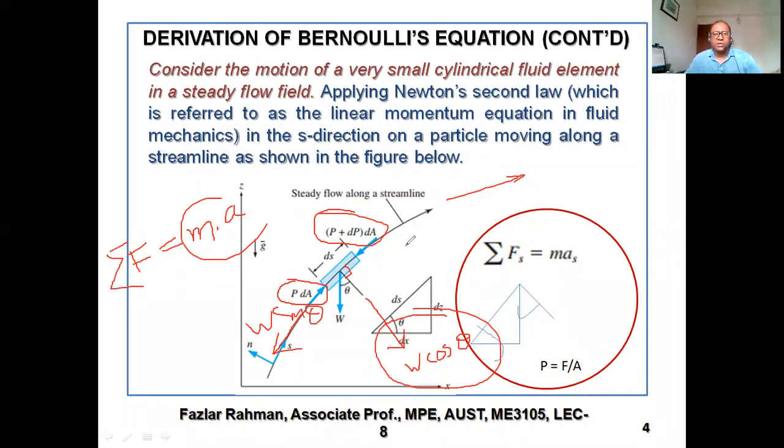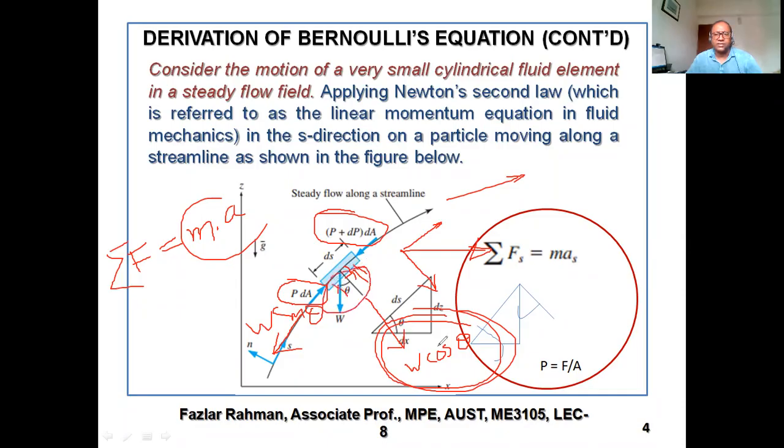Okay, that means the pressure force is working along this direction, this W cos theta is working in this direction, that means it will go somewhere along this direction. But somebody is balancing. So what is that force? That force is the buoyant force working on the surface of the fluid element.